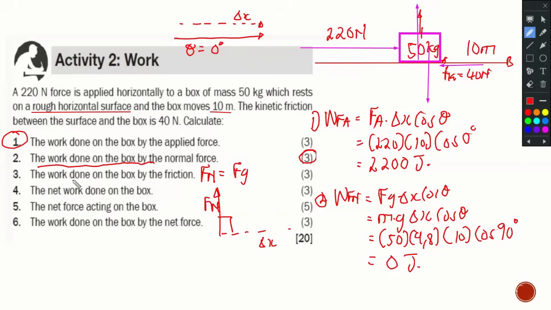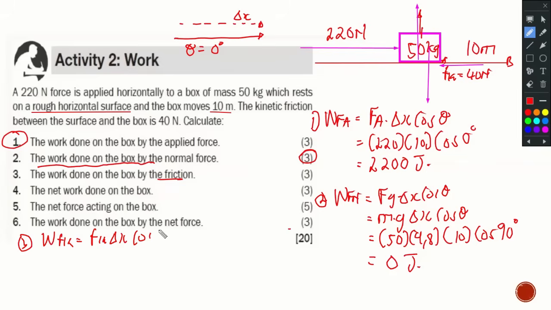Nice. And then number 3, calculate the work done by the friction. So work done by Fk is equal to Fk delta x and then cos theta. What is our Fk? 40 Newtons. What's the displacement covered by the object? 10 meters.